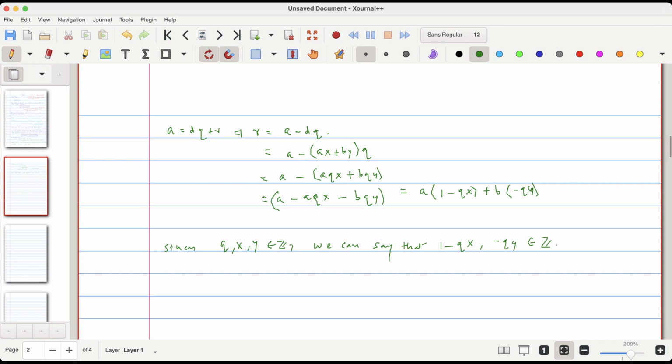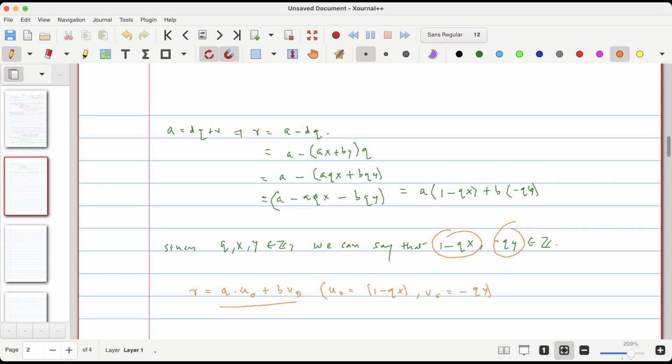So if these two are integers, then we face a big problem. And what is this problem I'm talking about? The problem is that then we can write R equals A into some integer u naught plus B into some integer v naught, where u naught is 1 minus QX and v naught is minus QY.